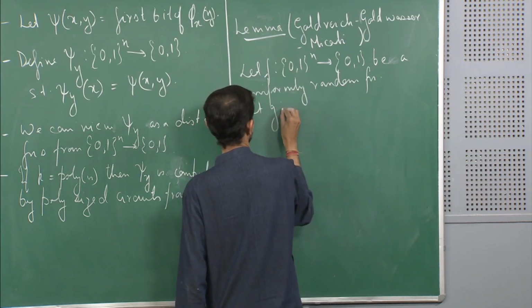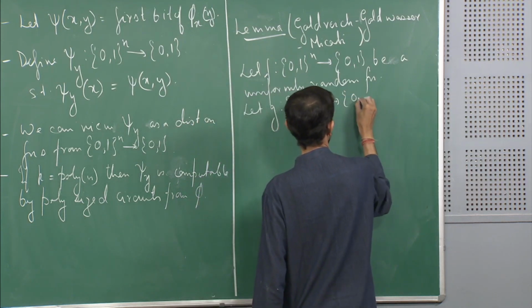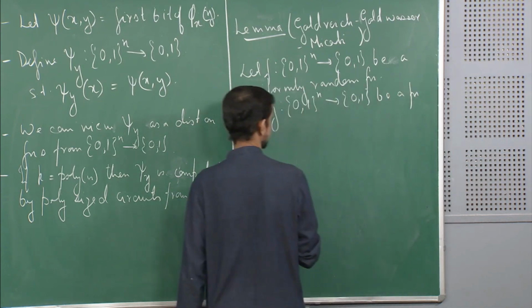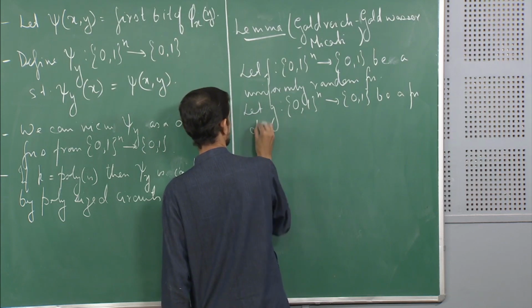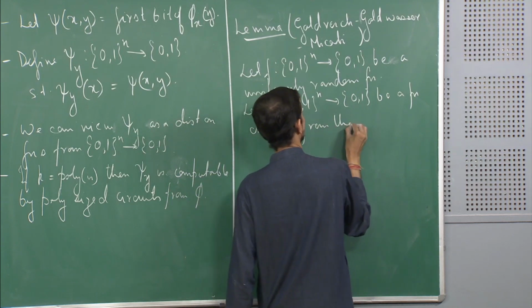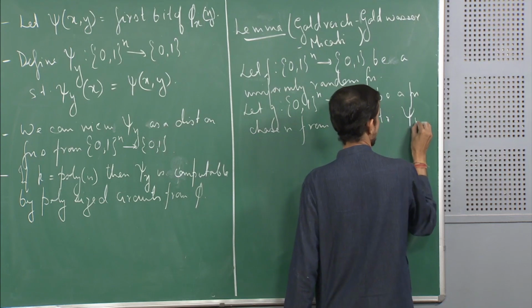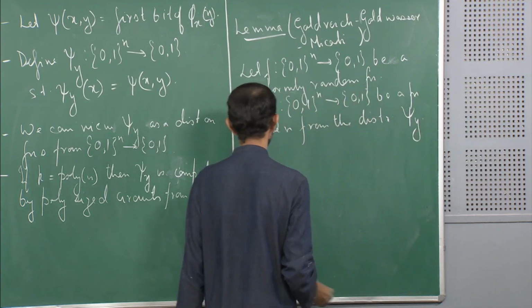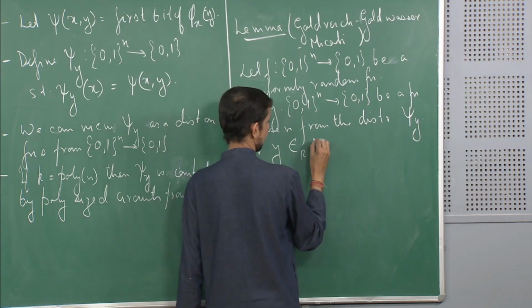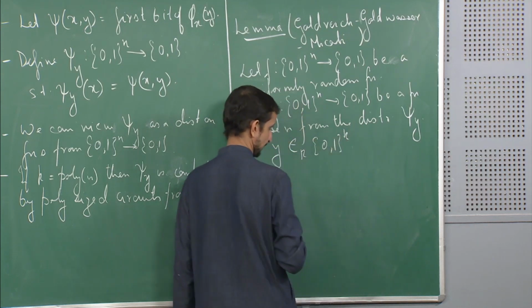Let g from 0 1 to the power n to 0 1 be a function chosen from the distribution chi y for a random y in 0 1 to the power k.